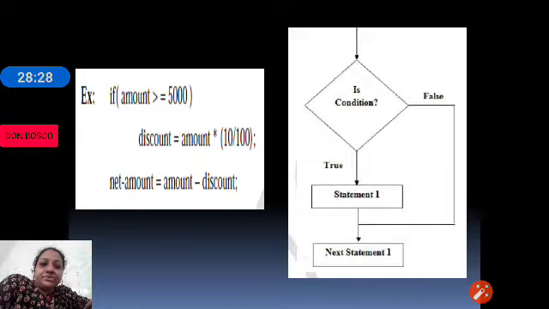We have already used this to find the greatest among two numbers. Large is equal to a. First we are storing the first value to large, and then we are comparing the second value. If the second value, that is b, is greater than large, then large is equal to b. Likewise, we have also written a program where we have printed the largest among three numbers.